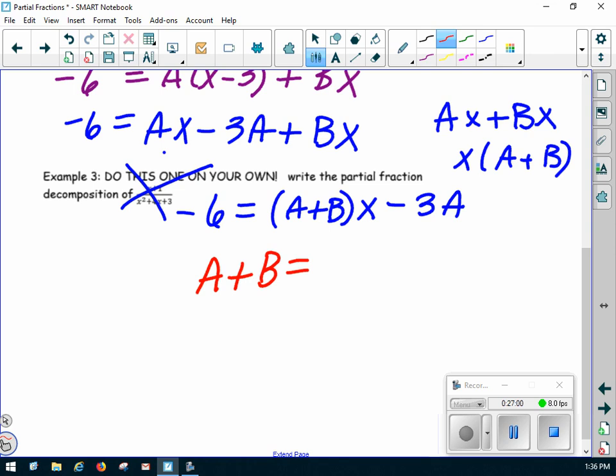Why 0? Because there's no x on the left. Finish it. What else? Negative 3a has to equal negative 6, because the constant over here has to equal the constant over here.